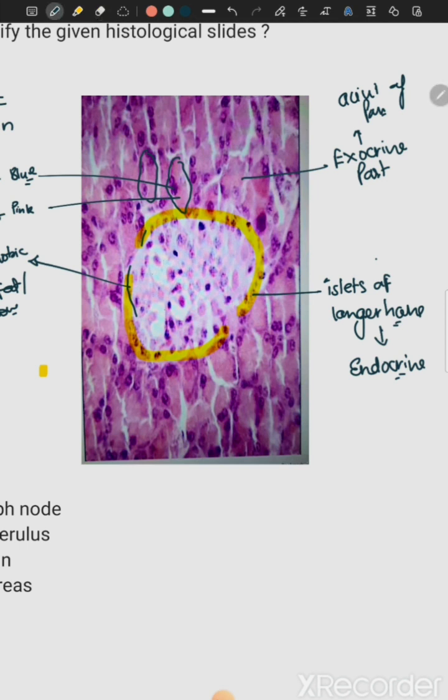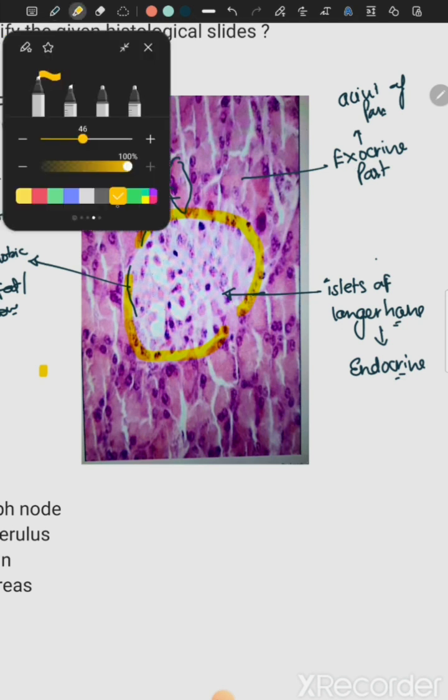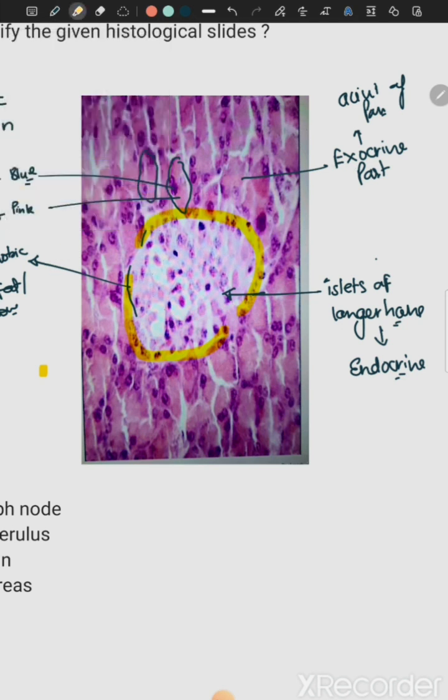Now the given image has islets of Langerhans, and outside there is the pancreatic exocrine part, exocrine cells. To go one step deeper, in islets of Langerhans there are alpha, beta, delta, and pancreatic polypeptide cells.